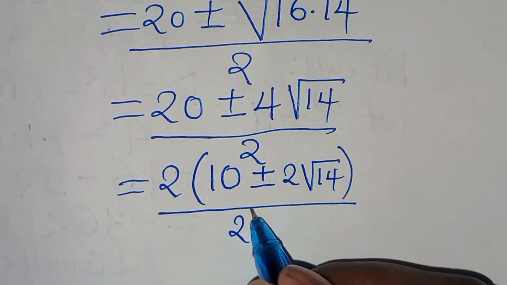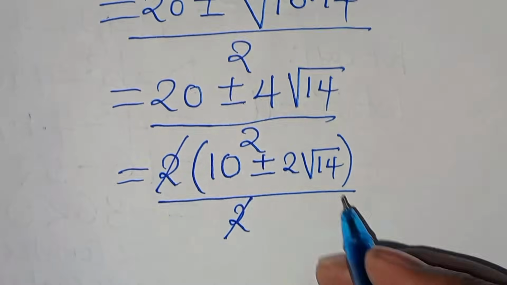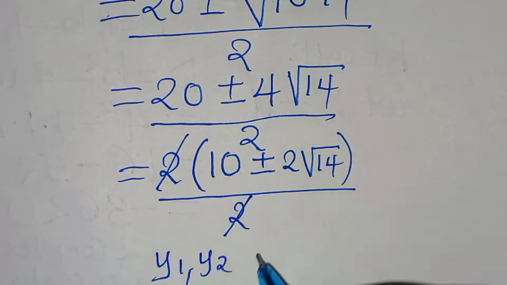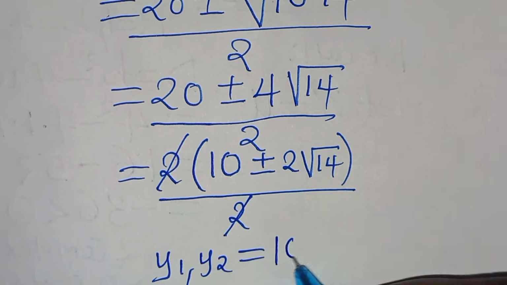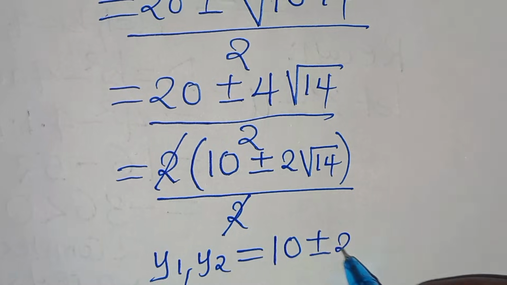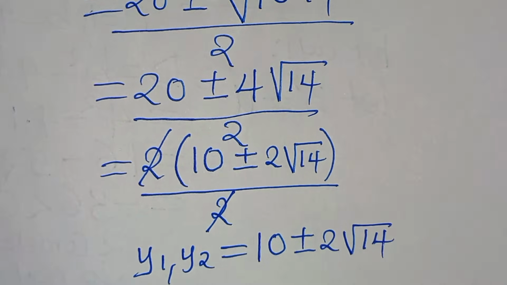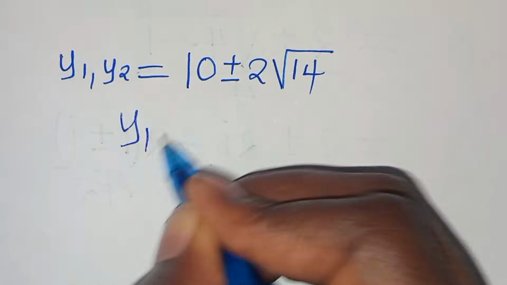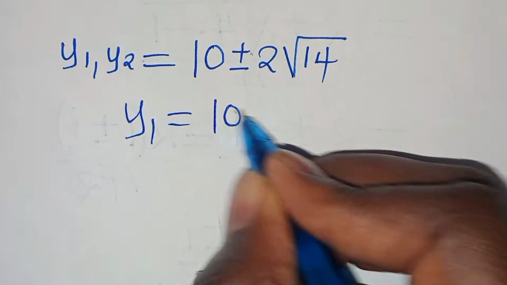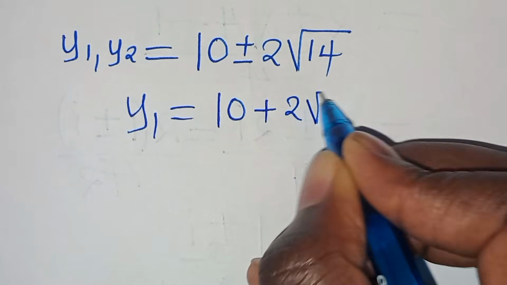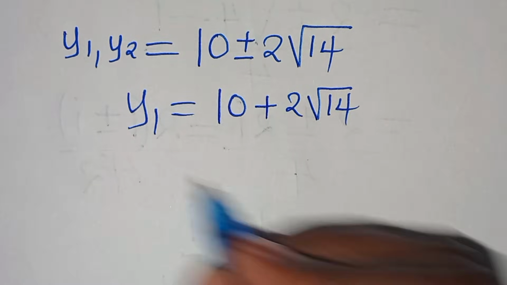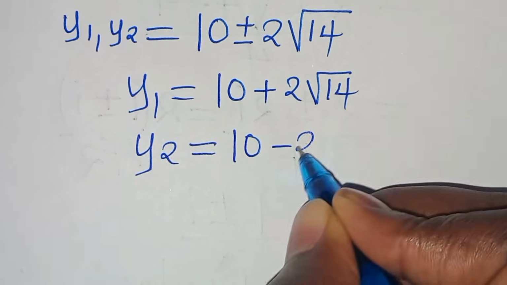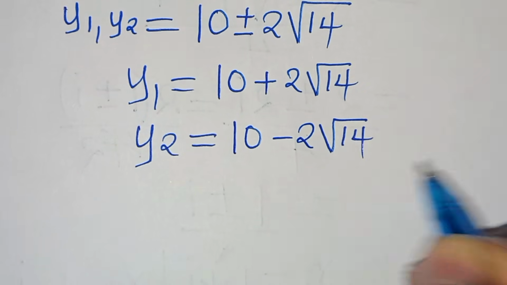Let's simplify by 2 so that now we have y1, y2 equal to 10 plus or minus 2 square root of 14. Now this implies that y1 is equal to 10 plus 2 square root of 14, and y2 is equal to 10 minus 2 square root of 14.